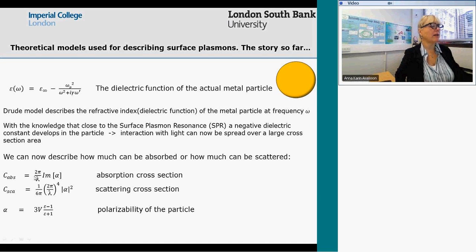and we can then get expressions of the absorption and scattering cross-section, i.e. the radius in which this mechanism is happening, which is much larger than the actual particle size.